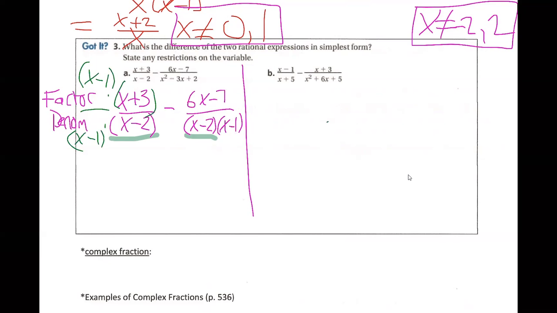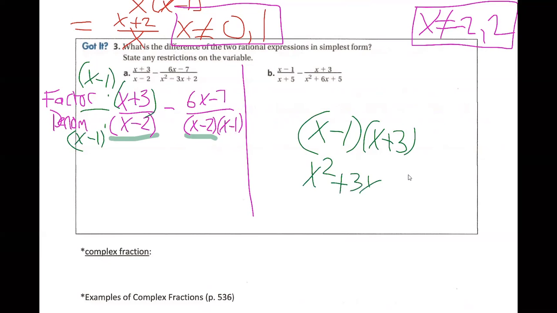I'll write it on the side, but if you can FOIL it in your head, it might save a little writing. That would be x squared plus 3x minus 1x minus 3. So on top, if you combine those like terms, we would have this, and then we have our common denominator.